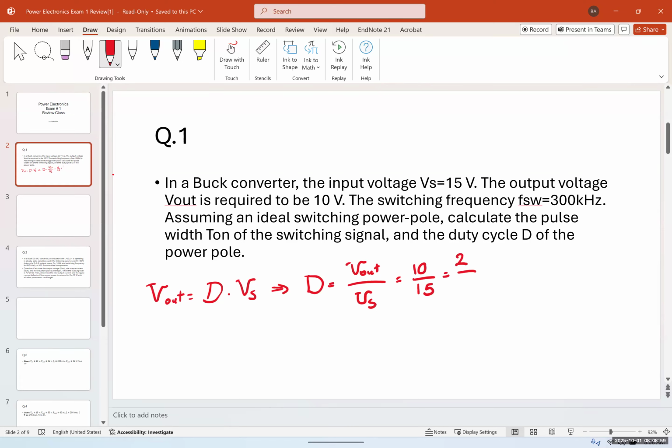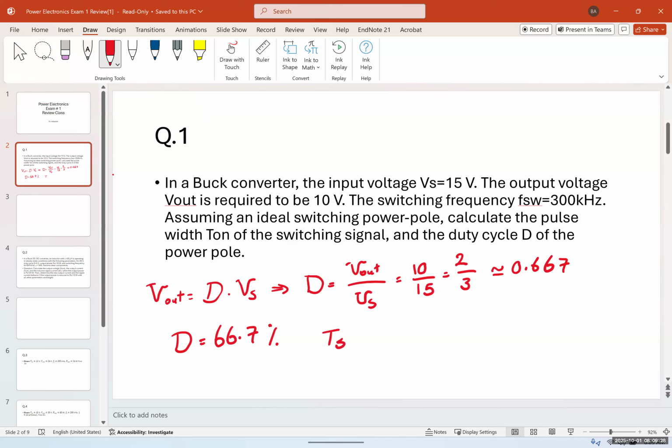So this is going to be 2 over 3. In other words, it's equal to 0.67, if we want to round it up. So the duty ratio is 67%, or 66.7% if we want to make it even more accurate. It's going to be 66.7%.